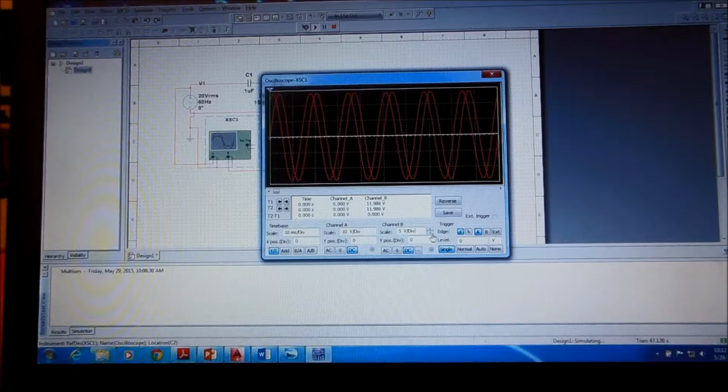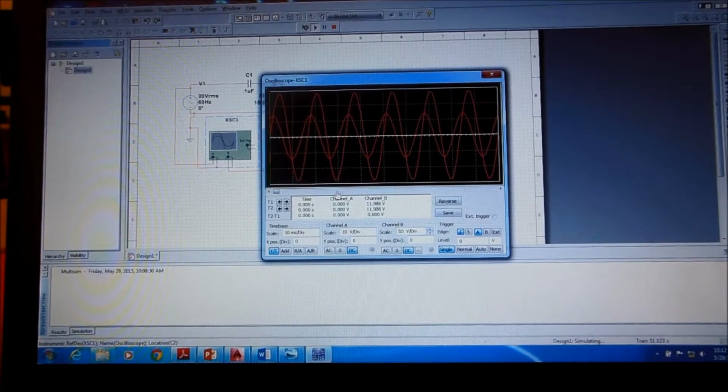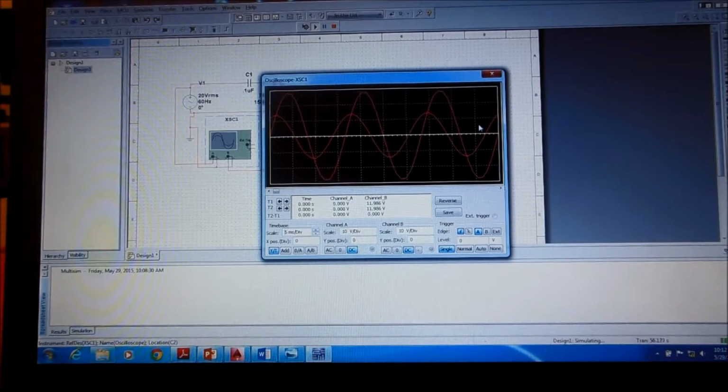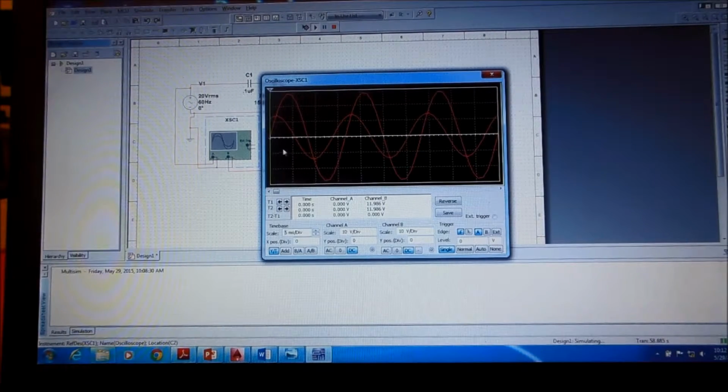Now if we put them both at 10 volts, then we can see them both on here. We're going to change the scale just a bit so we can widen it out. If there's any doubt, we can say channel B is the output. We want to put them both on AC since we're looking at AC waveforms, though that really doesn't make a difference.